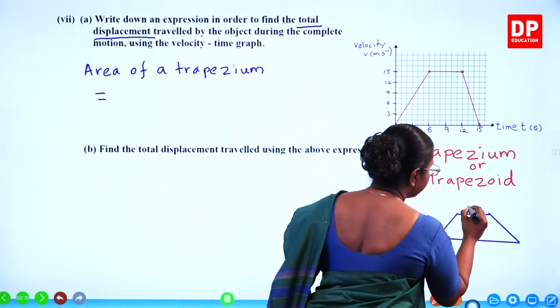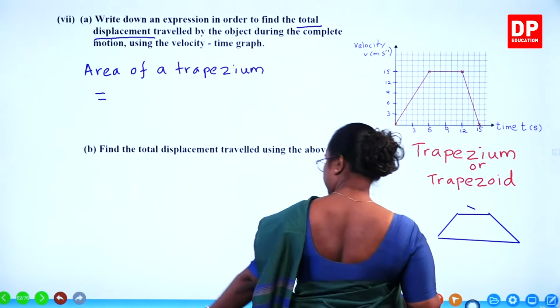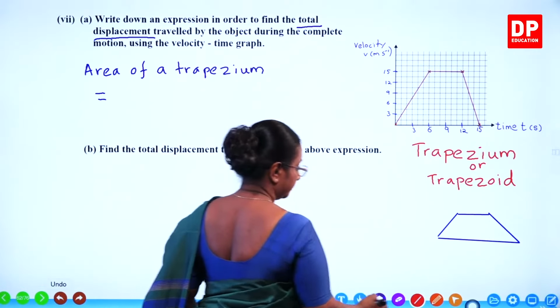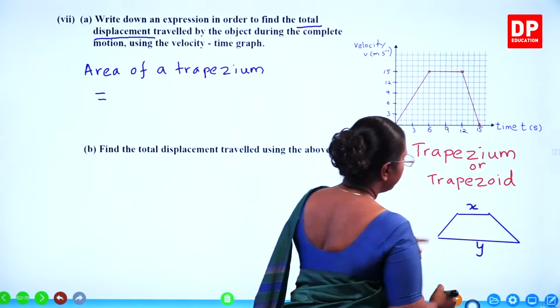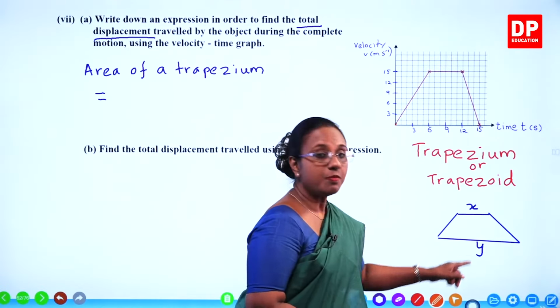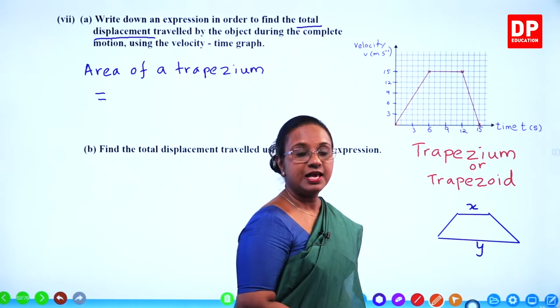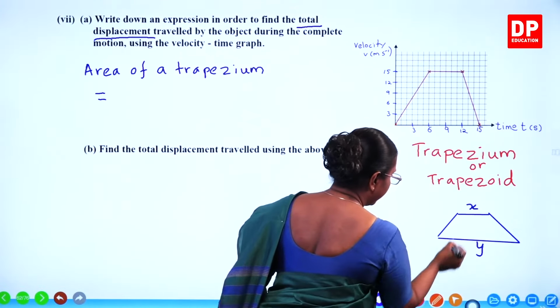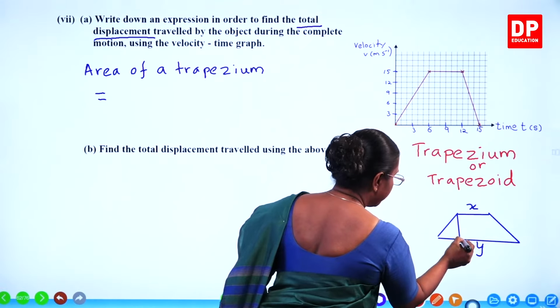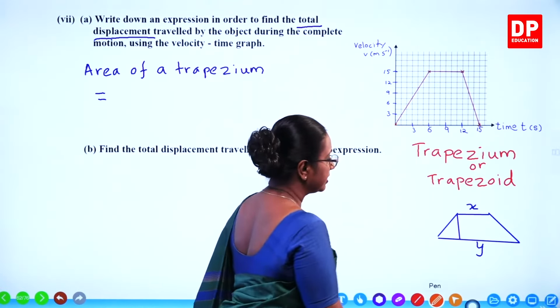So if we take these as x and y, we take the sum of the two parallel sides, divide it by 2, and then we consider the perpendicular height h.